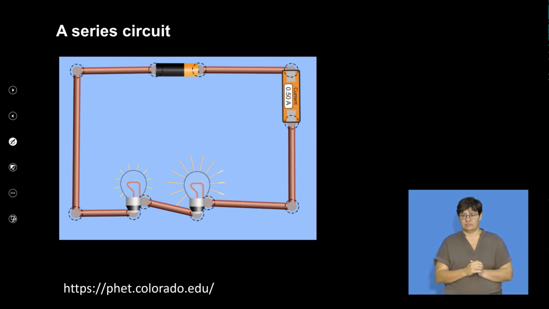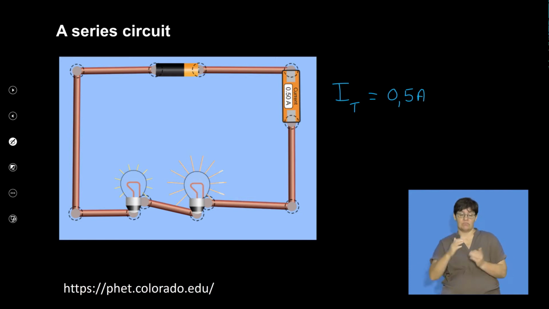So this is a simple series circuit whereby we have got a battery or a cell. Okay, so all the current passes through the battery, and the amount of current that passes through this battery, or the total current in this case, is 0.5 amperes. Right, what are we saying? 0.5 amperes passes through the battery. Now, the first light bulb, let's call this R1 and let's call that R2.